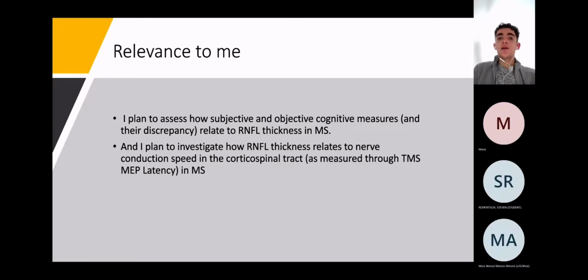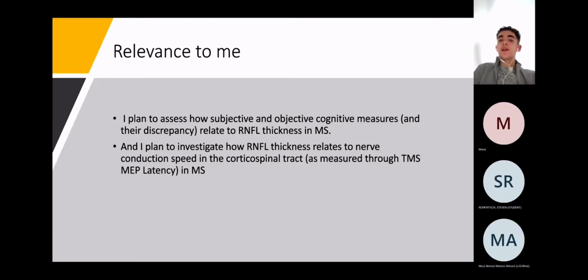Personally, I hope to use OCT metrics to assess how subjective and objective cognitive measures and their discrepancies relate to RNFL thickness in MS, and possibly something called OCTA, which is angiography, and it measures blood flow within the eye, possibly as a proxy of overall brain blood flow.